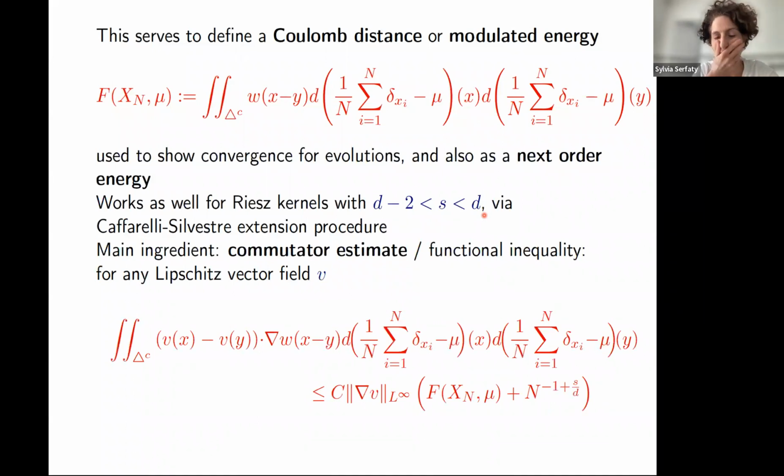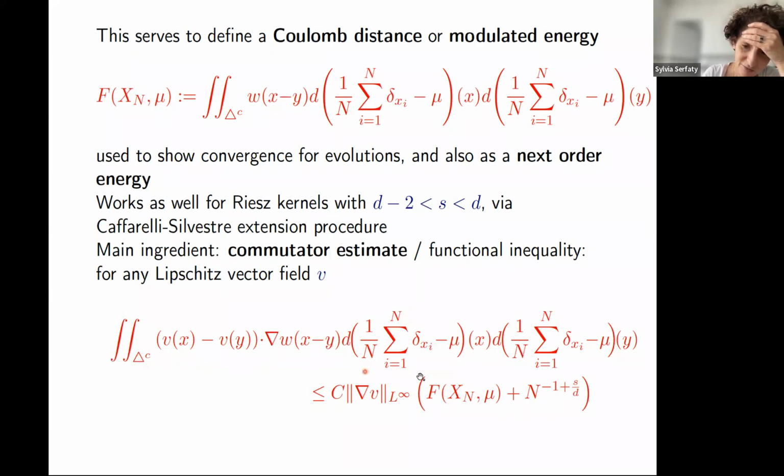Okay, so the crucial ingredient that makes a lot of things work is a functional inequality, which now we call a commutator estimate, and which says the following. Given a Lipschitz vector field V, it's a completely general inequality, right? It doesn't use any PDE or evolution, just a functional inequality.